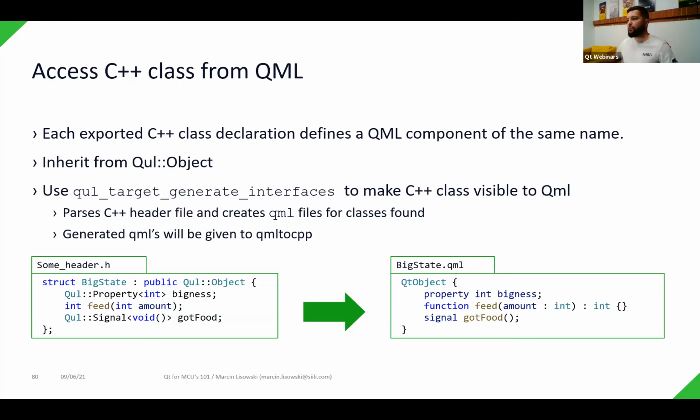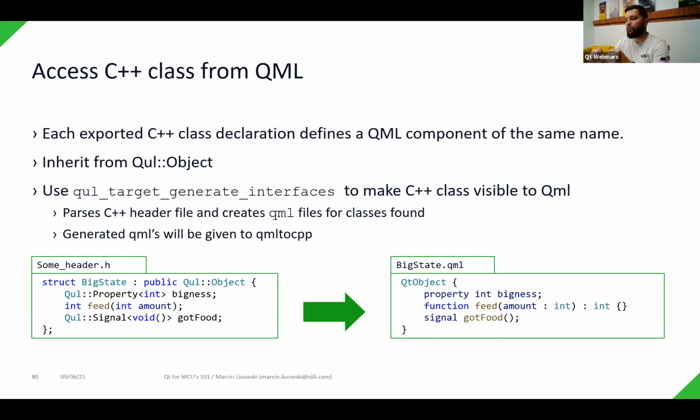So you can export C++ class declaration to QML component. And this is done in general implicitly for you. You just have to tell Qt for MCUs which classes you are going to expose, and that class or the struct has to inherit from QObject. And that's the only requirement.